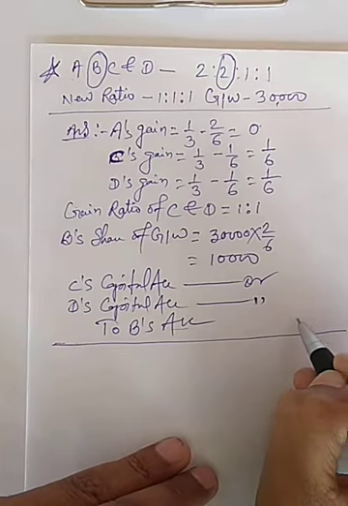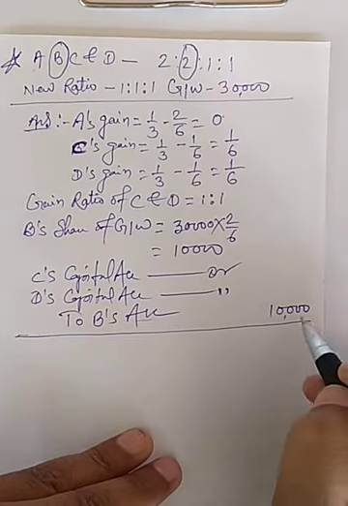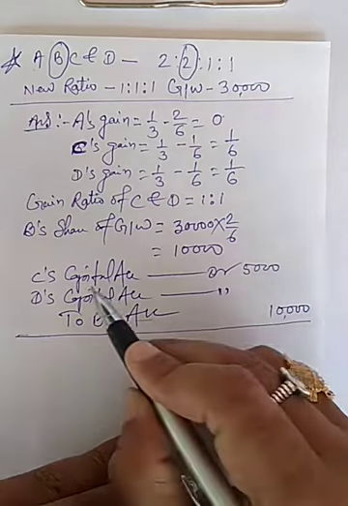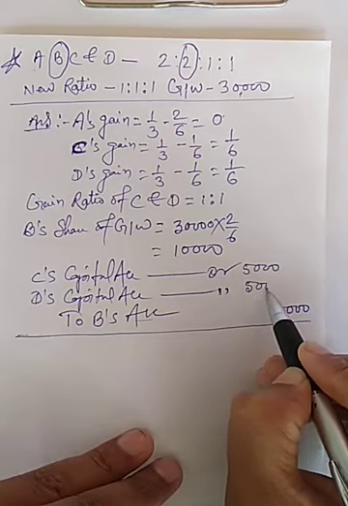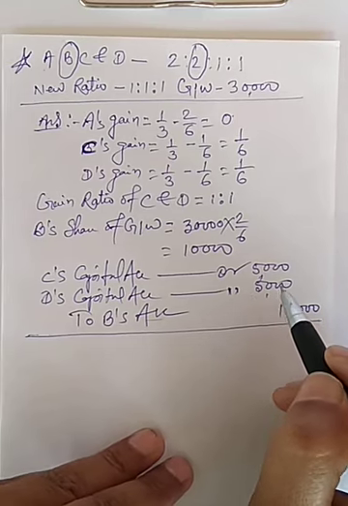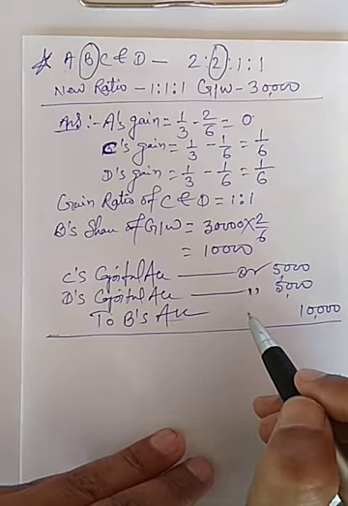Now the amount of B's capital account will be 10,000 and it will be shared by C and D equally, 5,000 and 5,000 respectively.